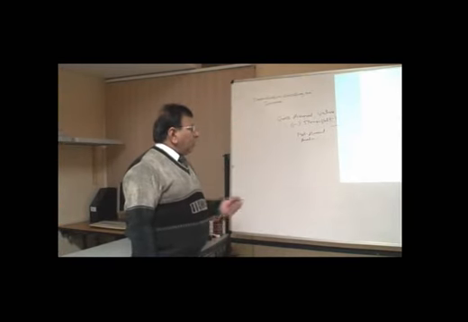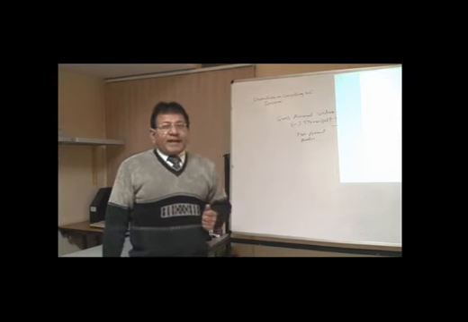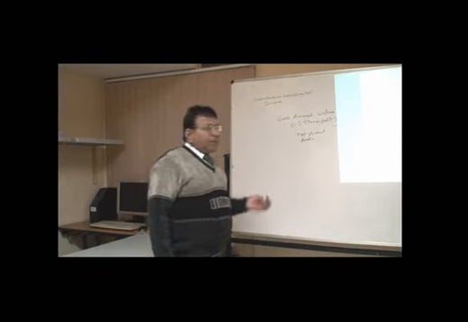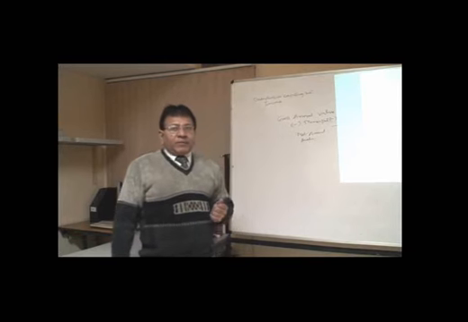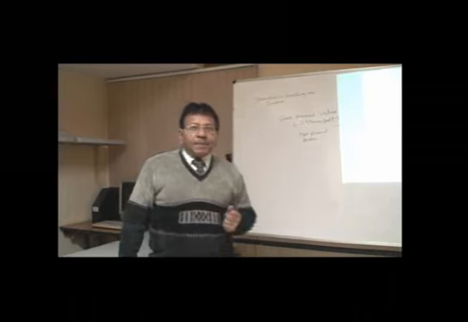This deduction is allowed only on paid basis, and it is allowed even if the municipal taxes paid by the assessee pertain to the earlier years. Even if the taxes do not pertain to the relevant previous year, still the deductions would be allowed.